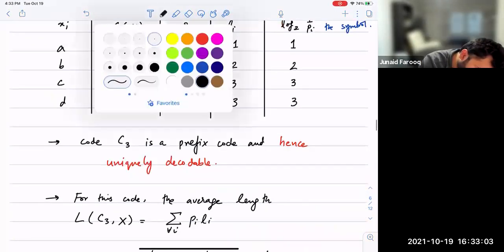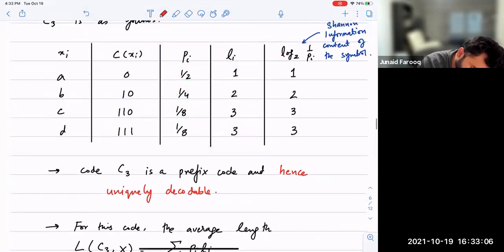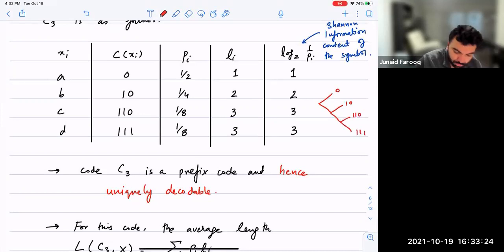If I draw it for you, you see there's one code word here, and then we have 1, 0, and then 1, 1, 0, and then 1, 1, 1. So all the branches have been used. You don't have any left, right? So that's the idea of a complete code.